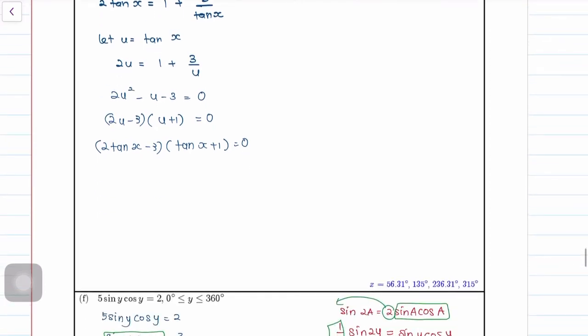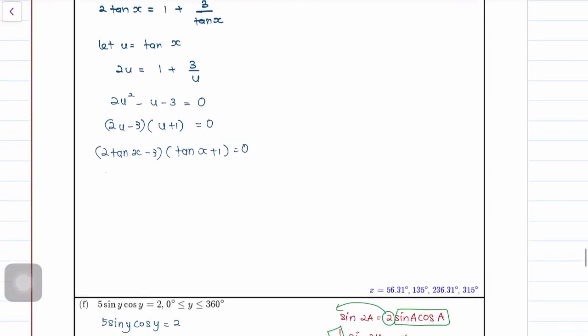So from here kita boleh pecahkan kepada 2 tangent x minus 3 equals 0, so tangent x equals 3 over 2. And we also have tangent x plus 1 equals 0, so tangent x equals negative 1.